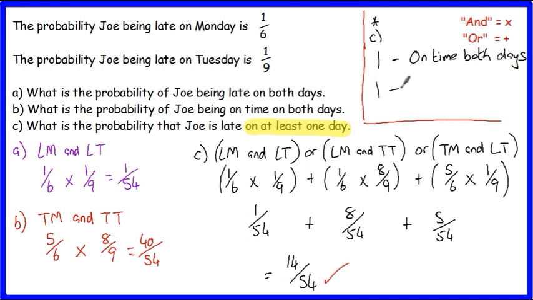I've already done on time both days, it's 40/54. And one is the same as 54/54. So 54/54 take away 40/54 is 14/54, which is a quicker way of getting this. However, most people would try to do it the other way.